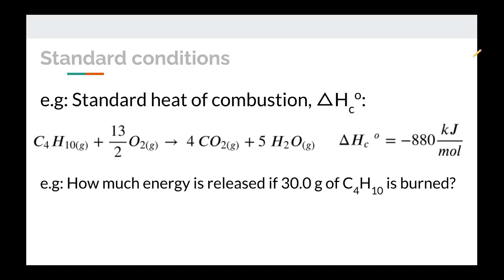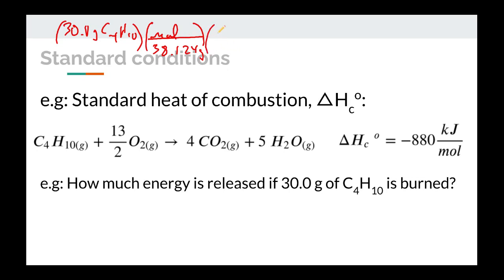So here's a question that we could answer using this quantity. How much energy is released if 30 grams of butane is burned? So we could start out with our 30 grams of C4H10. And we know that our enthalpy change, or our standard heat, is given per mole, so we'll have to convert this to moles using the molar mass of butane, which is 58.124 grams per mole.